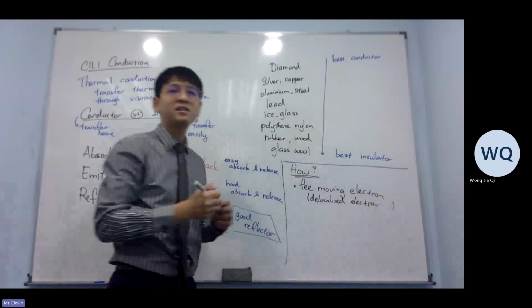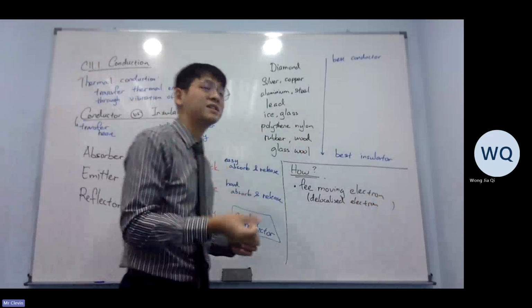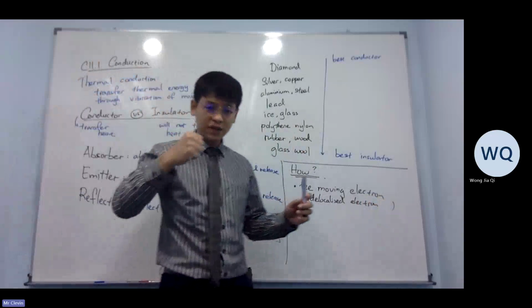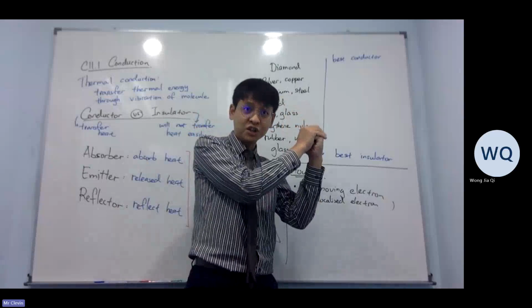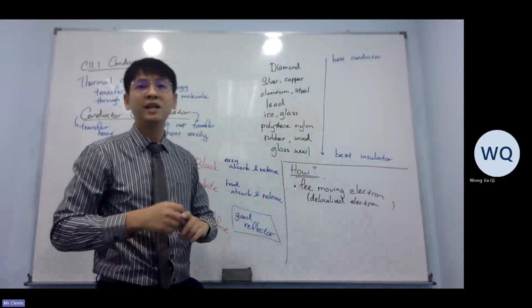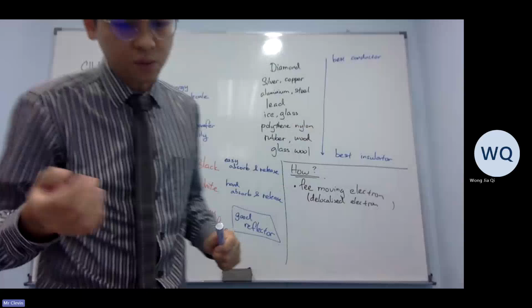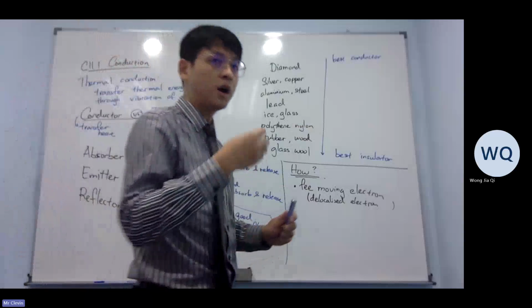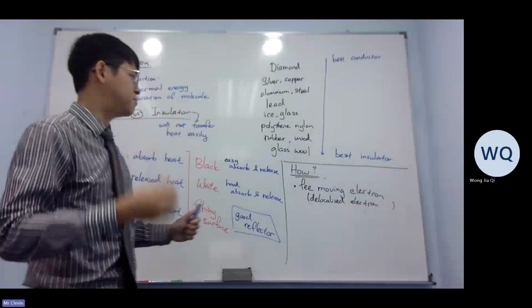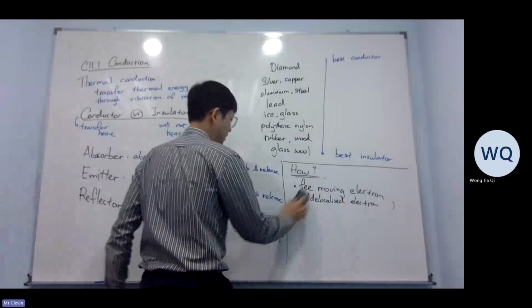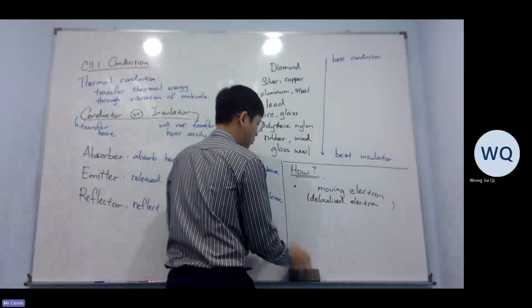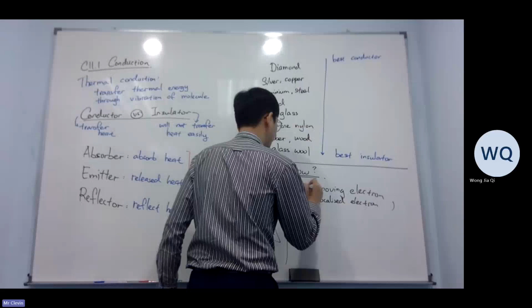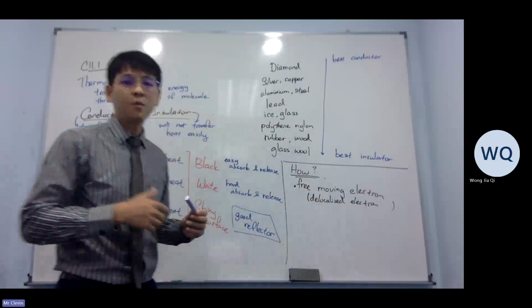Because whenever there is a free moving electron, or delocalized electron, it's easy for it to transfer heat through the vibration. Therefore, this is the keyword that they're asking. So if they are asking whether it is a good conductor, it's always based on the free moving electron.